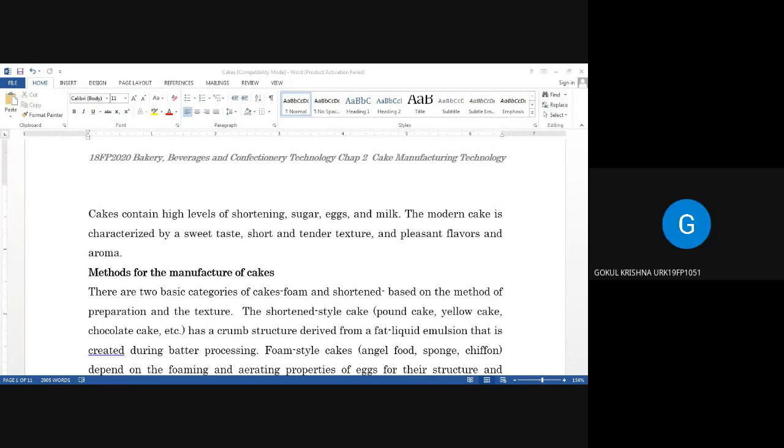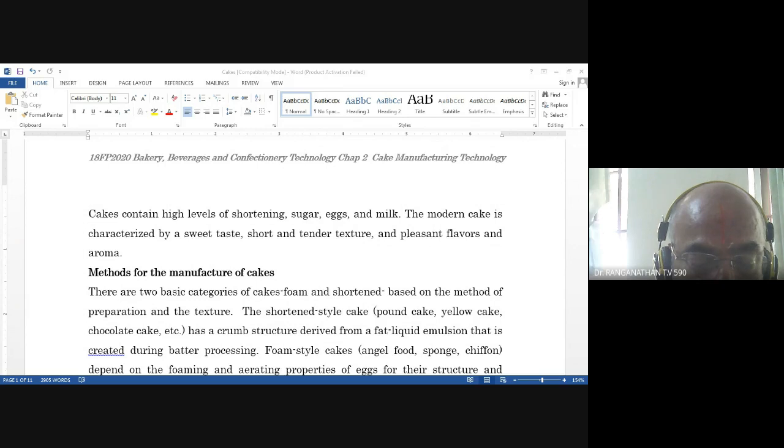Soft baked products, sir. Soft baked products, fine. Apart from that, bread is also baked, and your biscuit also is baked.